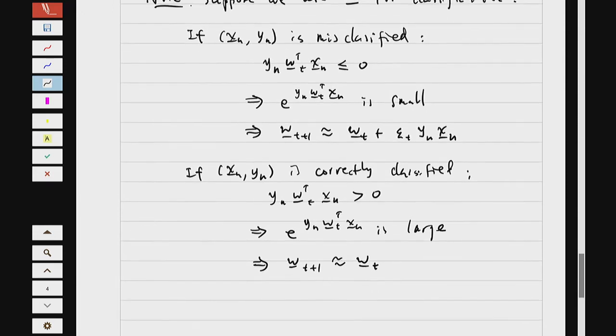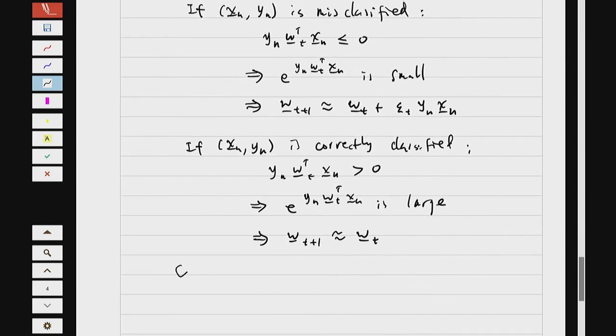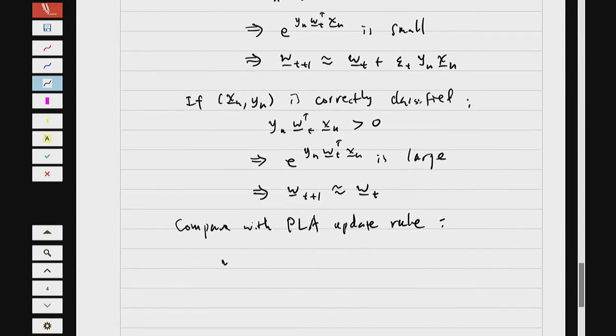If we compare this with our perceptron learning update, what do you see? You have just done your homework. That update rule says W_{t+1}. In fact, there are two cases. When we describe PLA, we say only if there's an error do we update. If there's no error, we don't update.